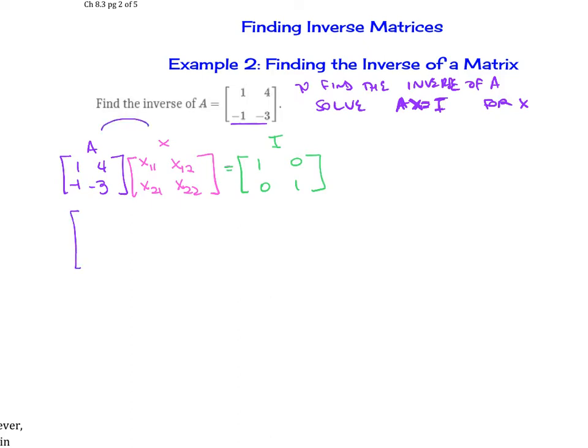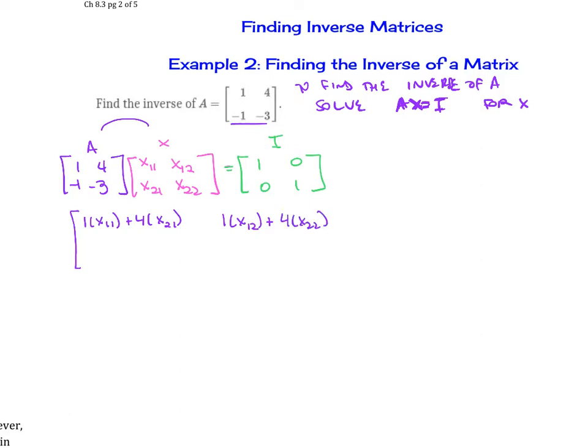So we need to multiply A times X. So this is 1 times X11 plus 4 times X21. Then we have 1 times X12 plus 4 times X22.